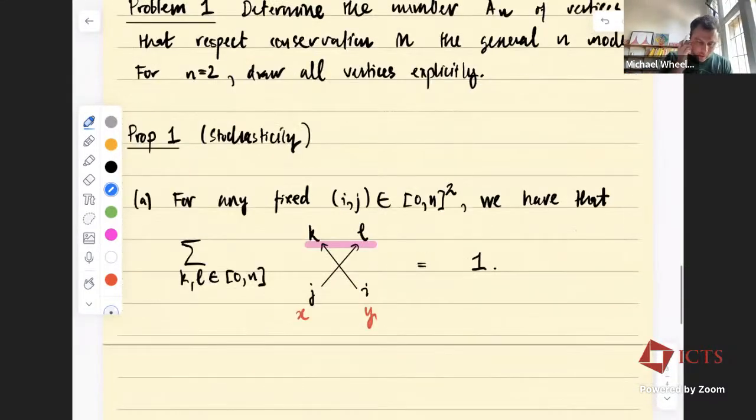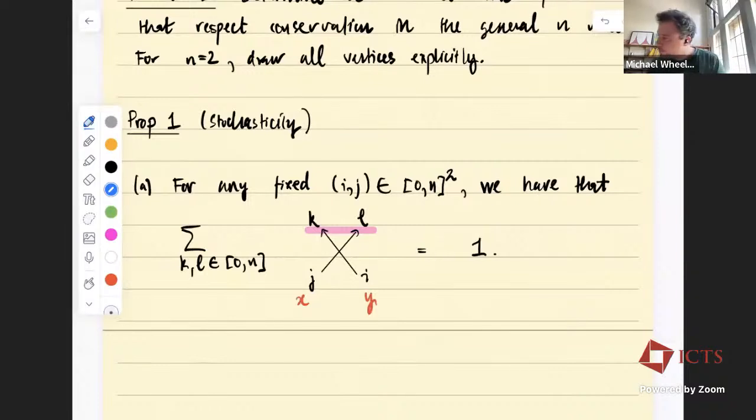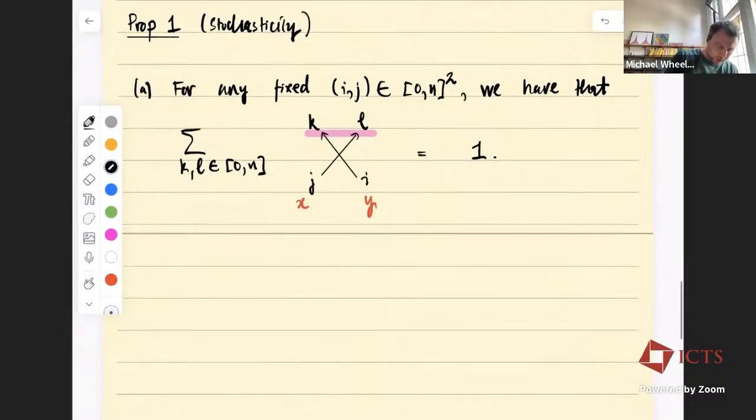Yeah, so this is the stochasticity. And there's actually a kind of reverse stochasticity as well, which is quite interesting. So I'll record that here as well. So now instead of fixing the incoming states, I'll fix the outgoing states.